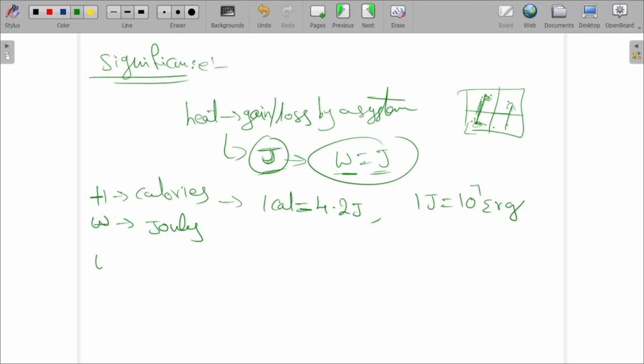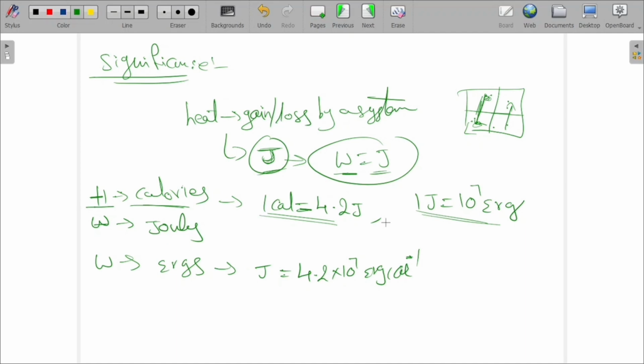Now if work is measured in ergs, then the value of J will be 4.2 into 10 power 7 erg per calorie, or erg calorie inverse. So if heat is measured in calories, 1 calorie is 4.2 joules, and 1 joule equals 10 power 7 ergs.